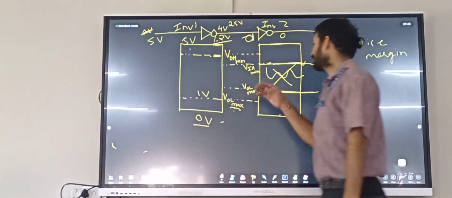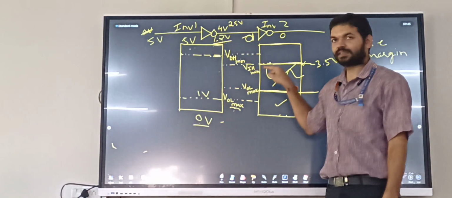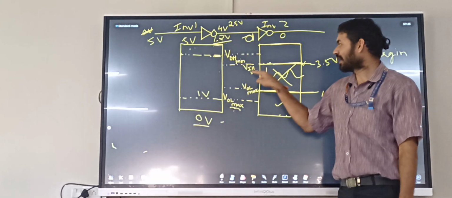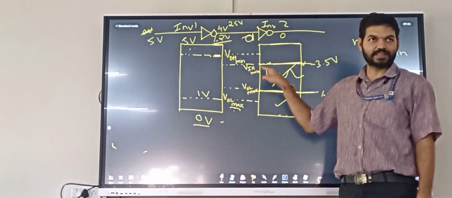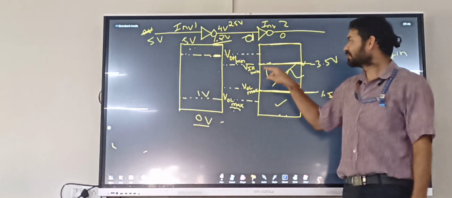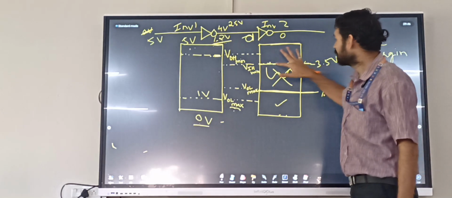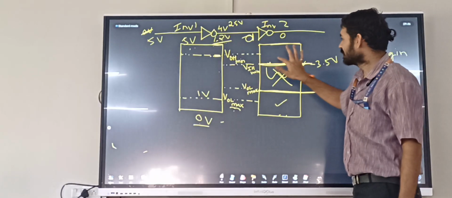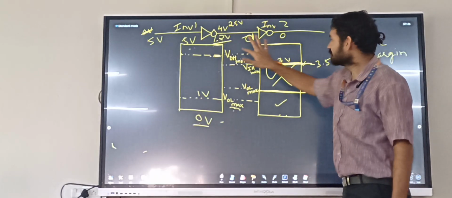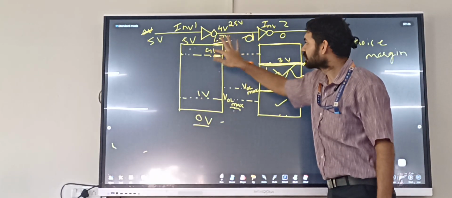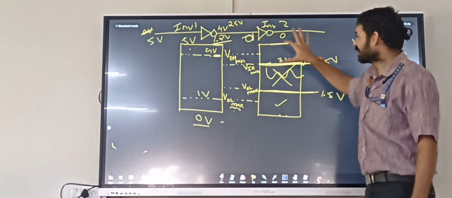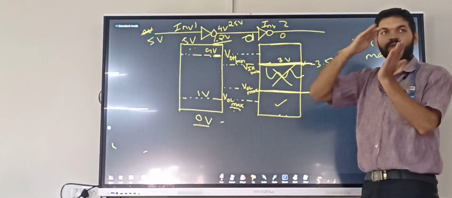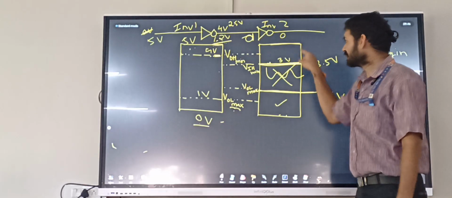For the second inverter, what did we do? VIH minimum. I means input, H means high. So this range is here. Say 3 volts. This is 4 volts. This is 3 volts. So for inverter 2 we are defining some range at the input side.